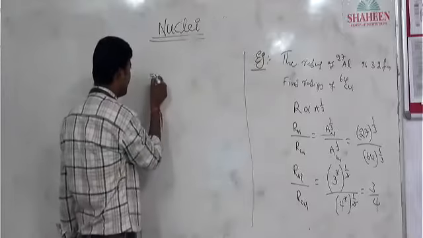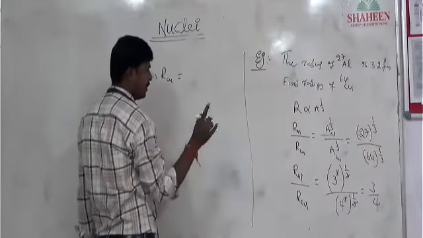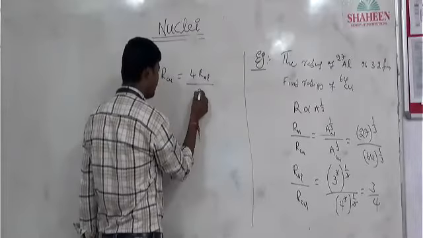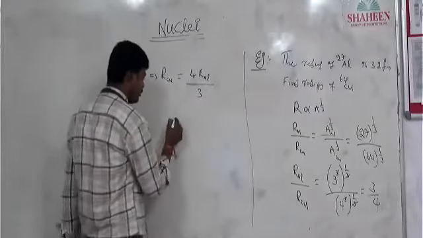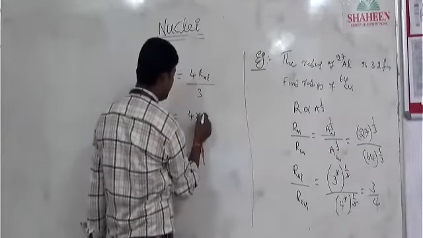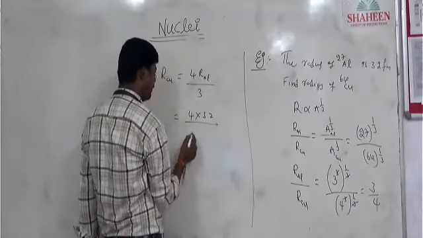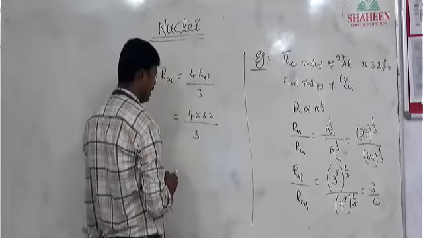That implies, for the copper radius, we cross multiply: 4 into radius of aluminum by 3. The radius of aluminum is given as 3.2 Fermi, so the answer will come in Fermi only: 4 into 3.2 by 3.